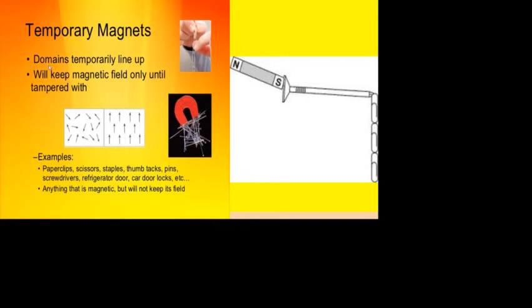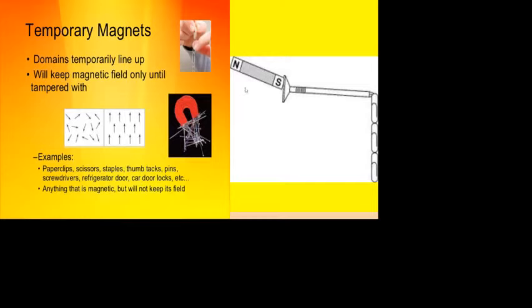And basically this is your north and south poles. So domains occur when electrons line up, and that's what I want you to put somewhere in your notes. There's not a specific line for it, but you will want to have that in there.